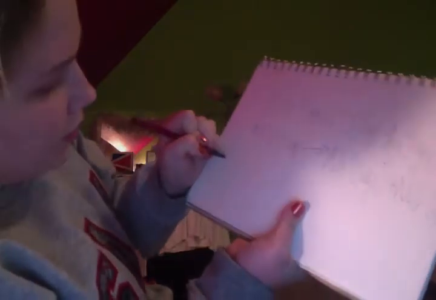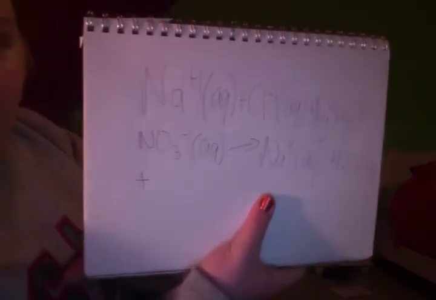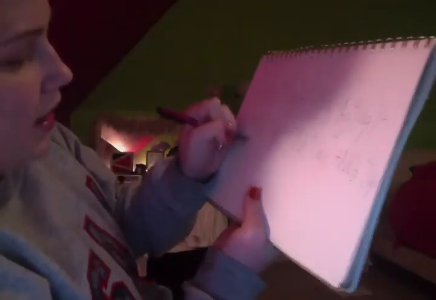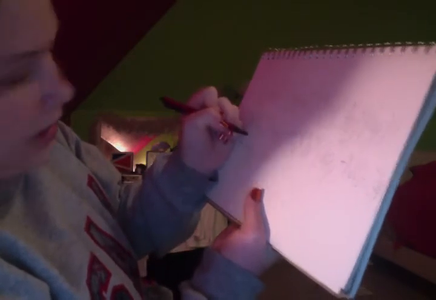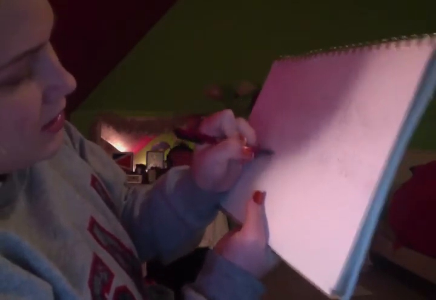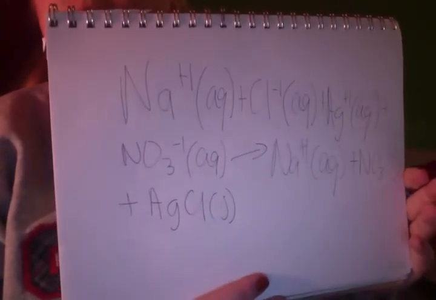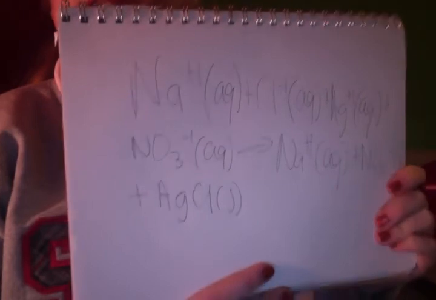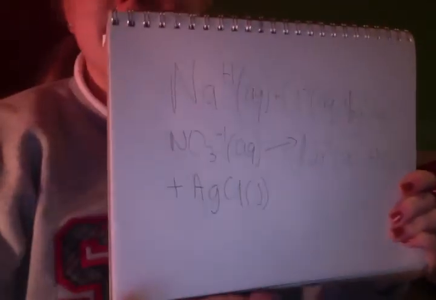And then you do plus, and remember that's the solid that you keep together, so you keep it AgCl(s). And then that's the complete ionic equation. I know it's kind of messy, but I hope you can understand it.